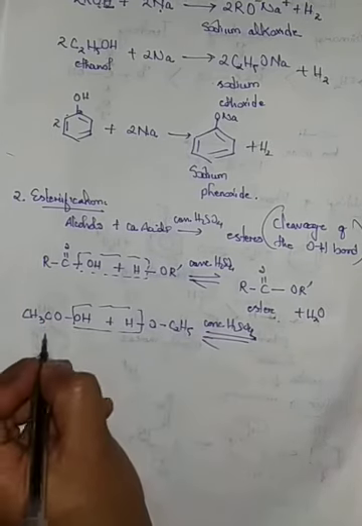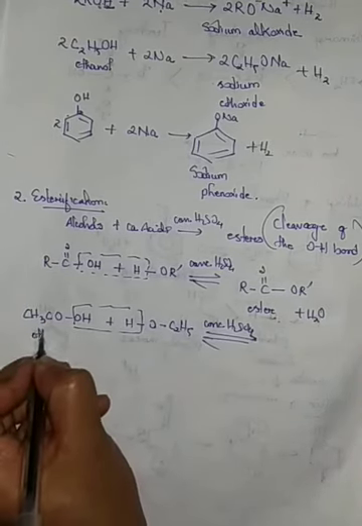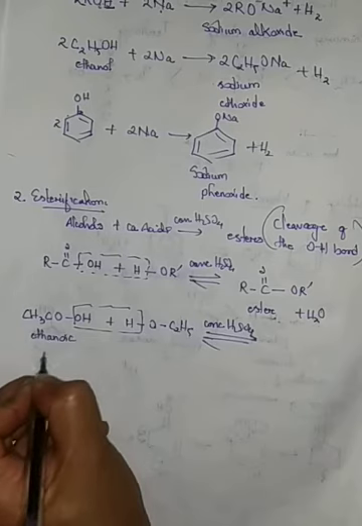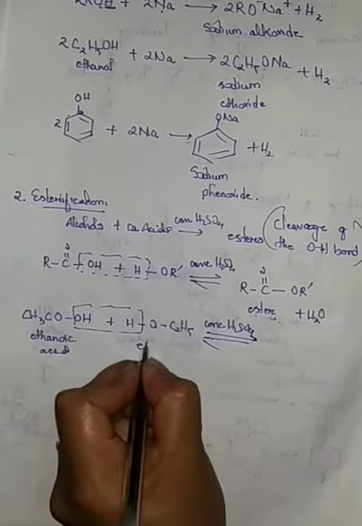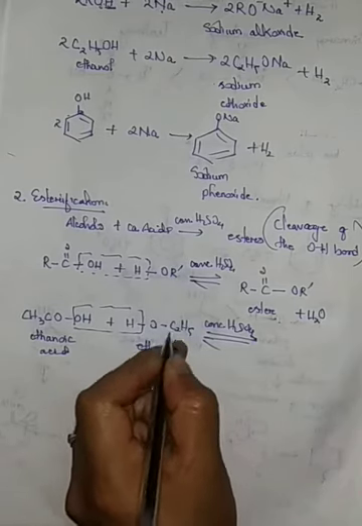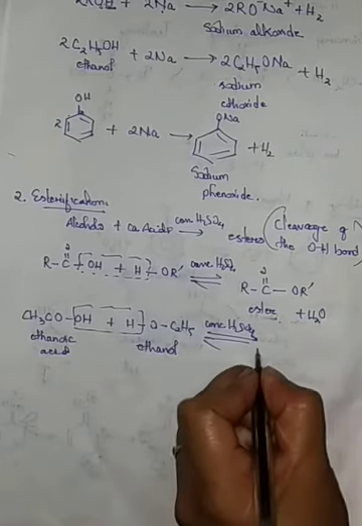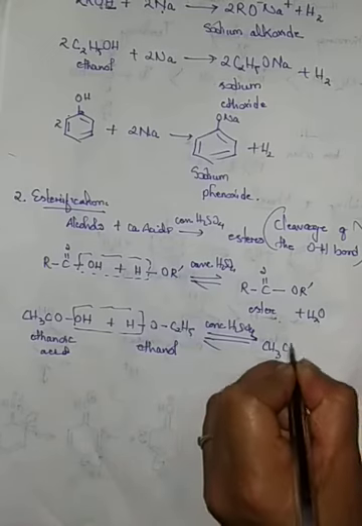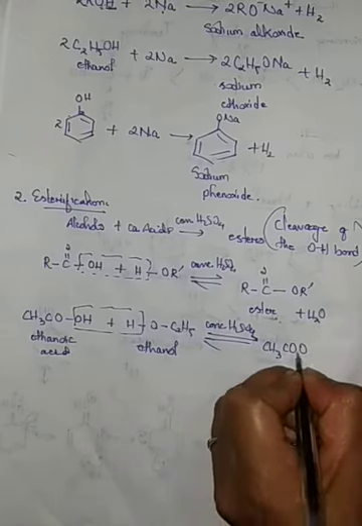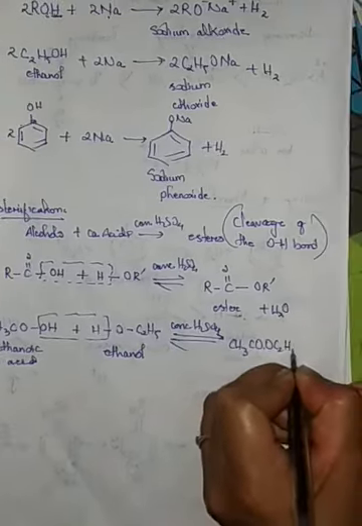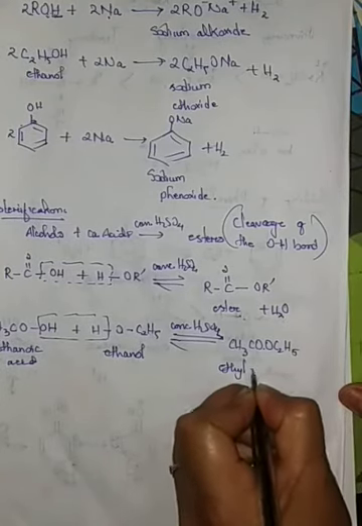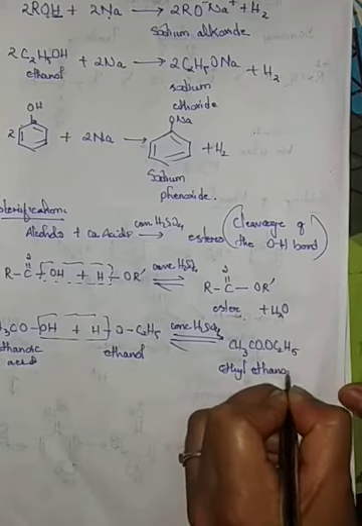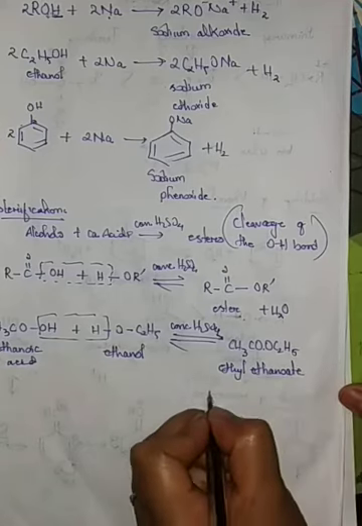This is our ethanoic acid, commonly known as acetic acid. This is our ethanol, 2 carbon atoms, and then we will be getting CH3CO O C2H5. This is known as ethyl ethanoate.